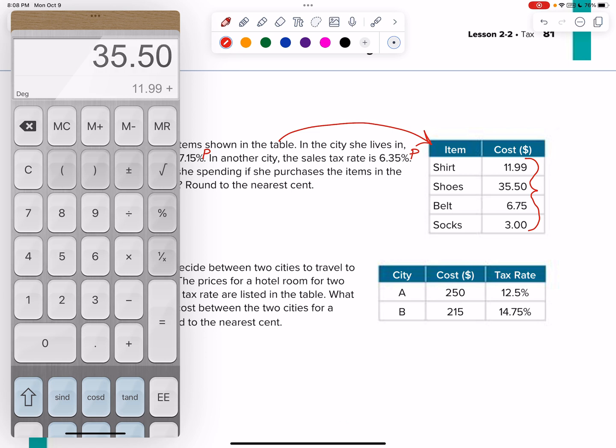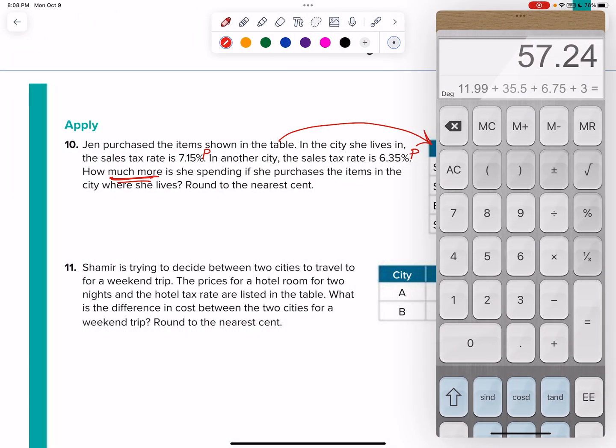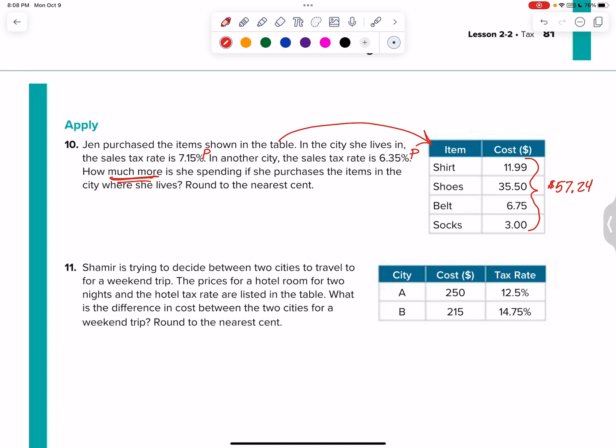So let's add all these up. All right, so we have a total sales, sort of like a subtotal, of $54.24.